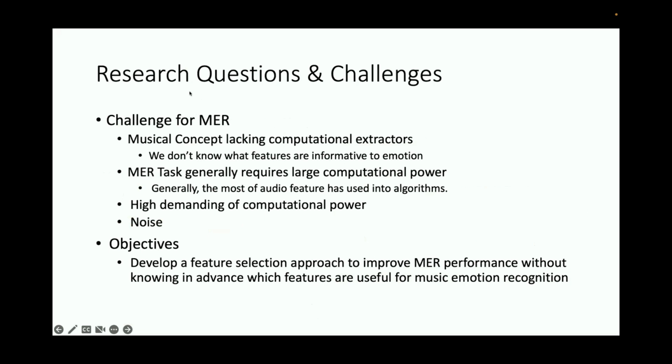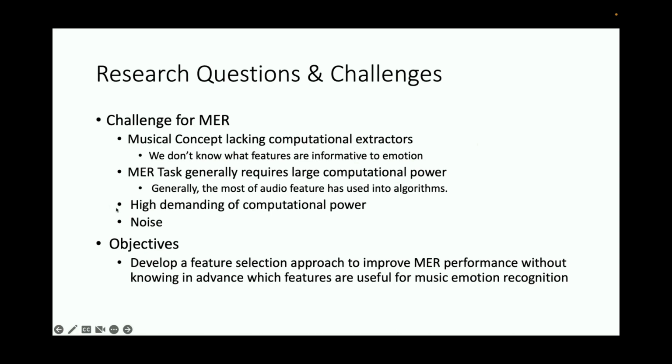First, the music concept is lacking a computational extractor, because we don't know which features are informative to the emotion in particular. Second, the MER task generally requires large computational models, because MER generally uses most of the audio features and fits all of them into a bunch of algorithms.